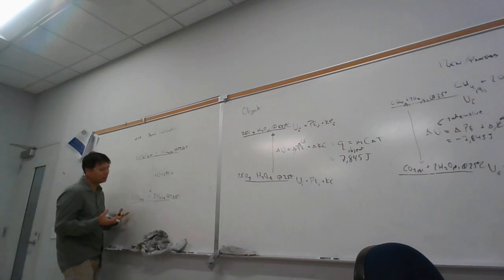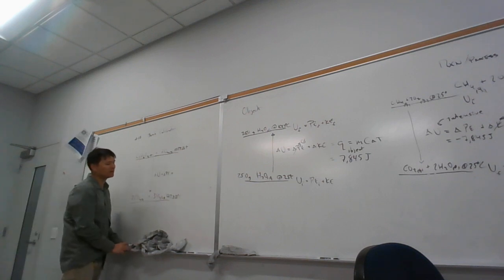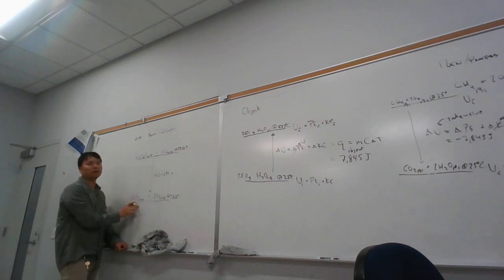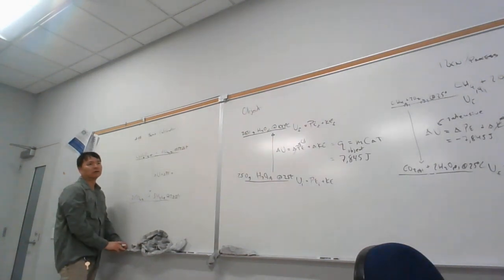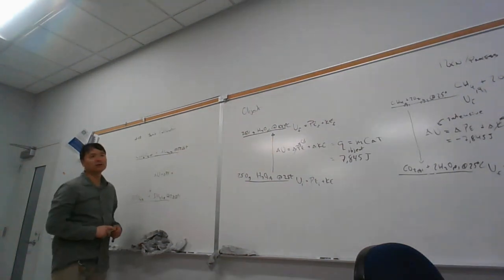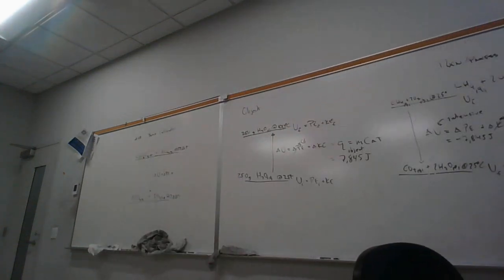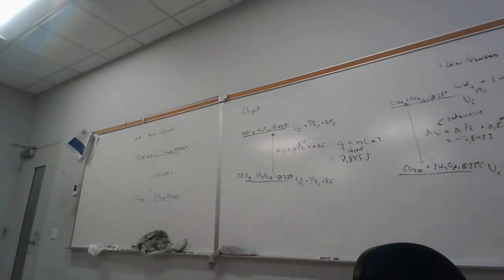This gets mixed up sometimes because delta U normally is intensive, but this is going to be extensive, because are we going to burn a full mole? Yes, complete combustion, but are we burning a full mole of it? No. We're only burning 1.201 grams. That's not a full mole.